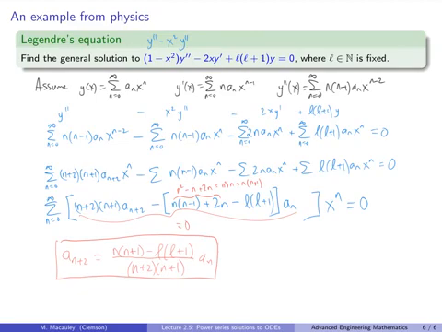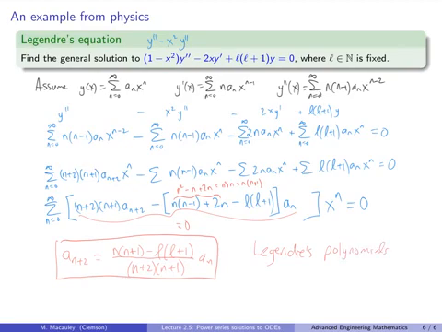This is generally a power series, except when n equals l, then this top thing becomes 0, and like we did before, we actually get a polynomial, and those things are called Legendre polynomials.